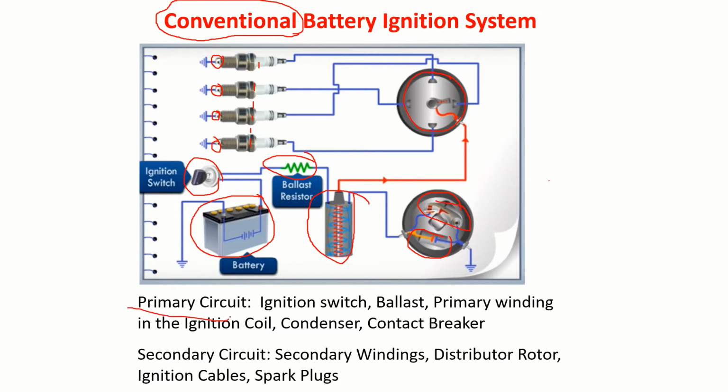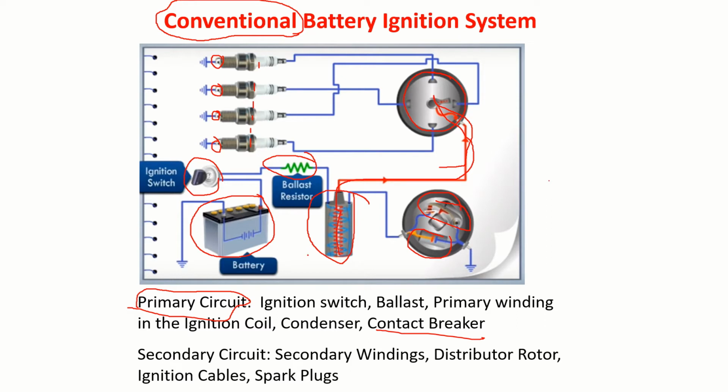The make and break, you can also call it the contact breaker. The red colored one, you can see this coil, high voltage, it will go to the distributor. This I call the secondary circuit. Of course, from there it gets distributed to various spark plugs.